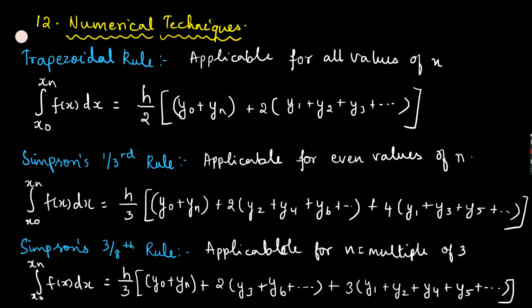So the last topic to discuss over here is the numerical techniques, and these are the formulas for trapezoidal rule, Simpson's 1/3 rule, and Simpson's 3/8 rule. So if you don't know how to solve a problem, you can just check my last video, which was on numerical techniques. I have given examples for each of these. You can go through that.